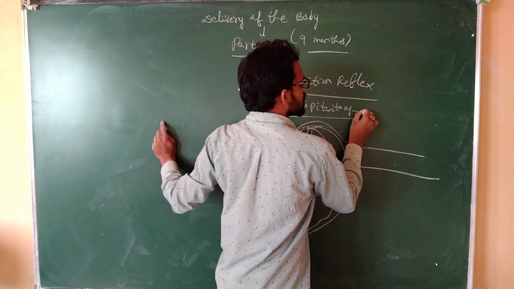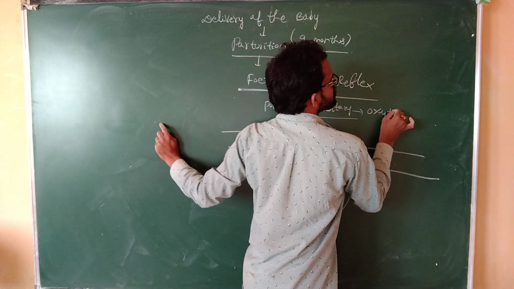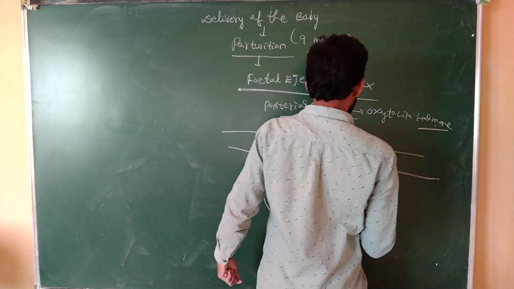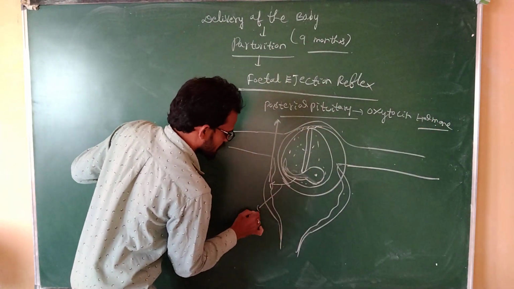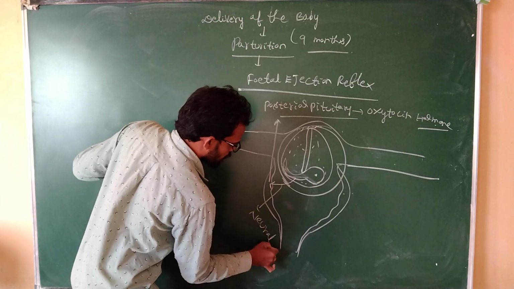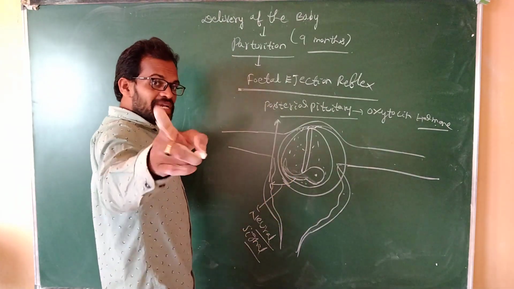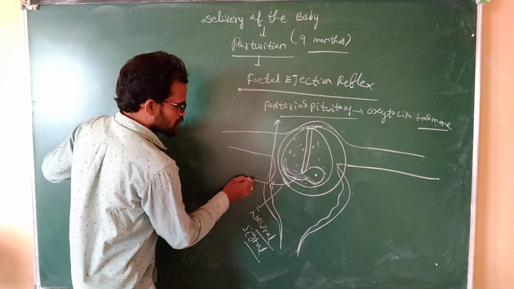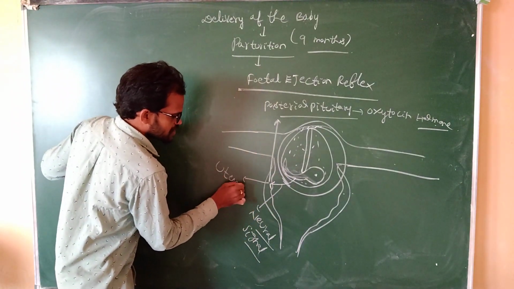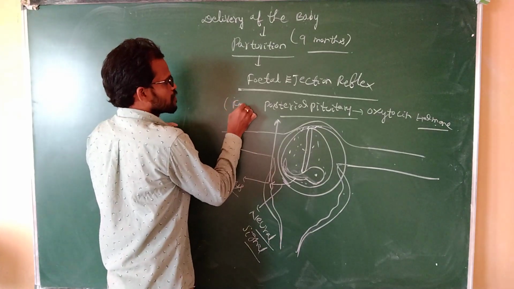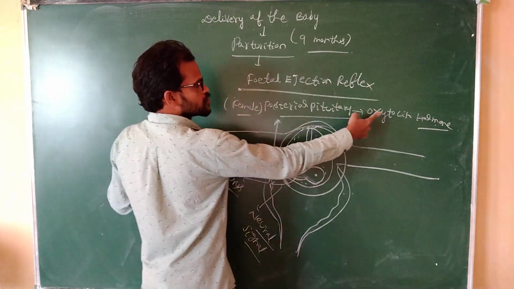The posterior pituitary produces the oxytocin hormone. The neural signal from the completely developed baby enters the uterus, then the posterior pituitary of the female, which produces oxytocin.